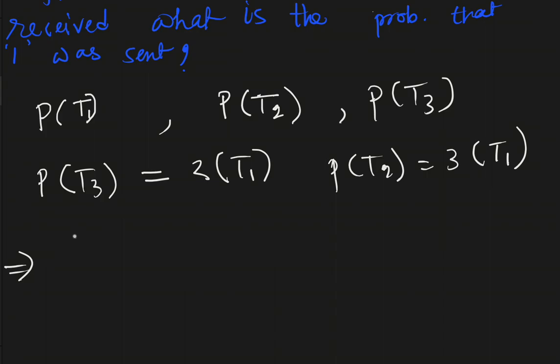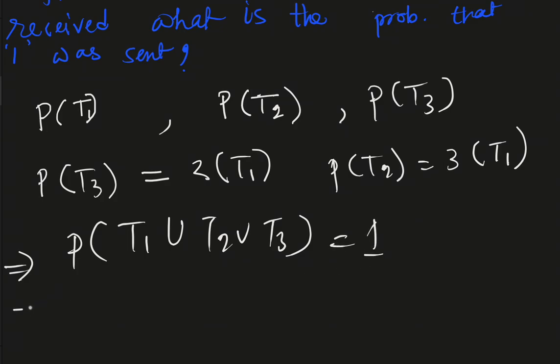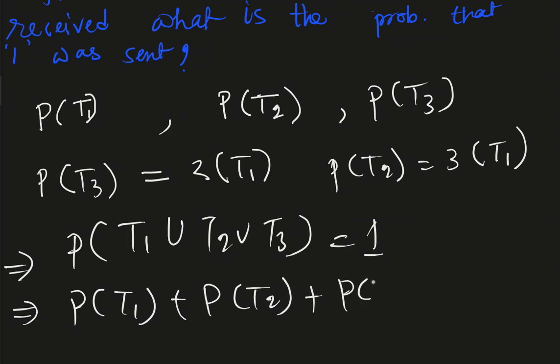So we know the whole space, T1 union T2 union T3, will be 1. That means probability of T1 plus probability of T2 plus probability of T3 is 1.